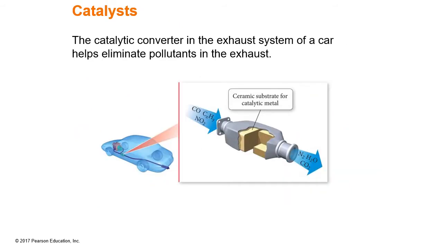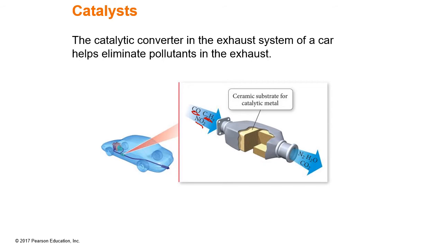One important catalyst that you use when you drive that you may not think about is a catalytic converter in the exhaust system of your car. It takes unburnt fuel and unwanted products like carbon monoxide and NOx, nitrogen containing compounds.